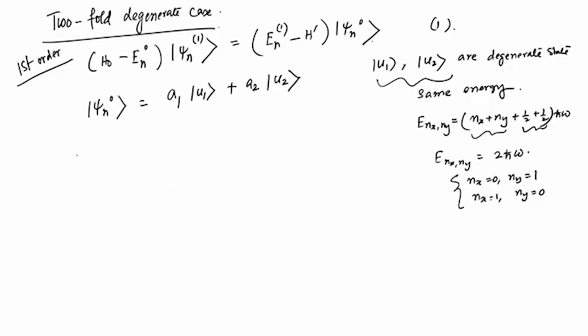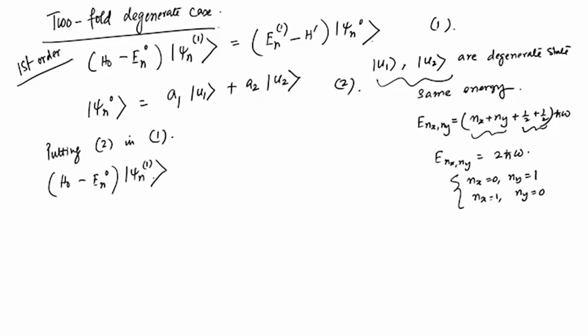So, we have to put it there in this equation on the right hand side, and let us call this equation 2. And so, putting 2 in 1, what we get is the following. We get H0 minus En0 psi n1.